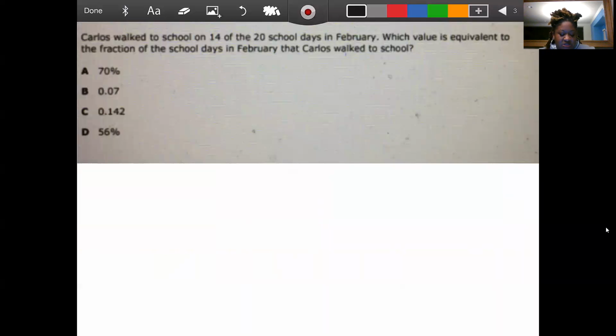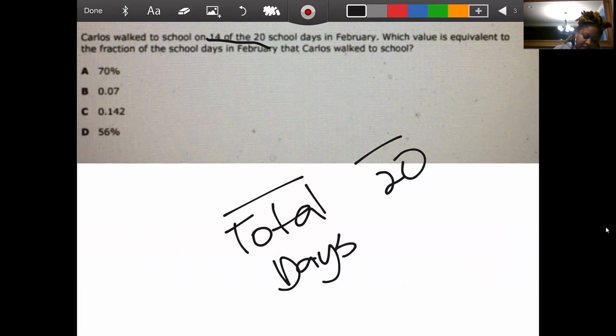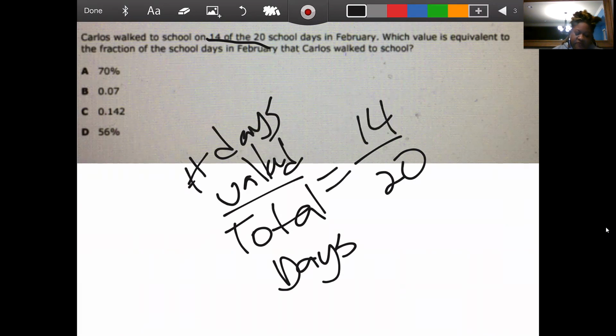Next, Carlos walked to school on 14 of the 20 days in February. Which value is equivalent to the fraction of the school days in February that Carlos walked to school? So what's the total? It's going to be 20 total days, and the number of days he walked is 14, okay?